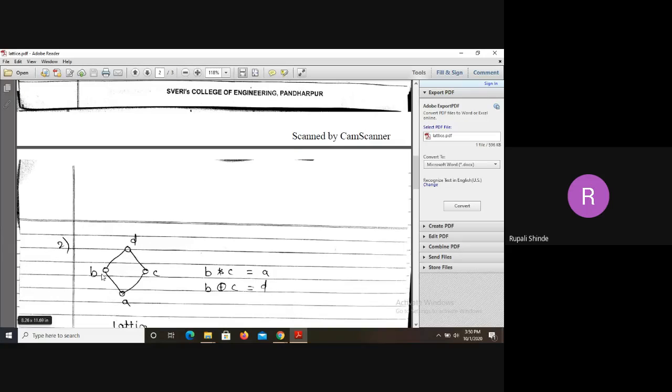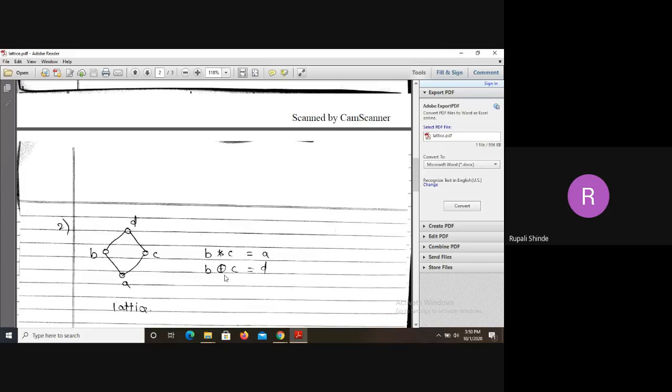For this pair B, C, the greatest lower bound is A, because these two elements meet at one point and that point is A, and the least upper bound is D. Okay. So this is a lattice because the greatest lower bound and least upper bound exist for each and every pair of elements.